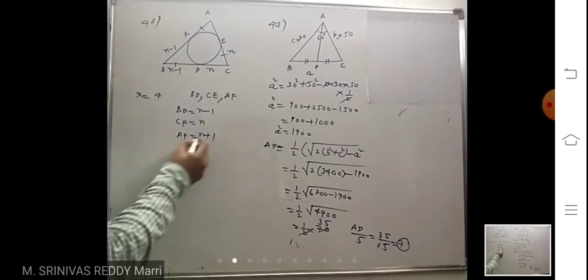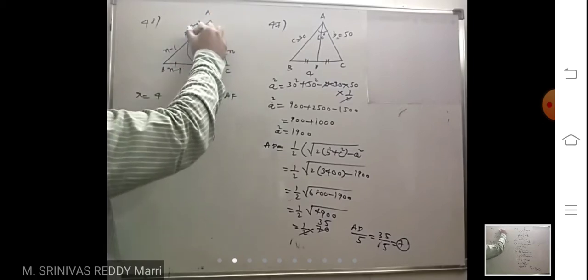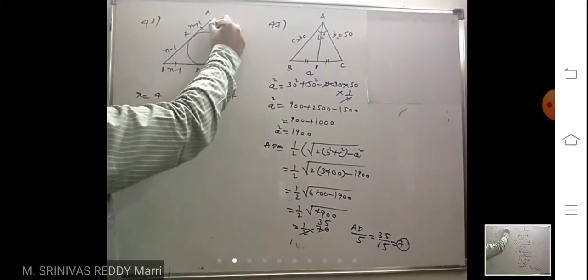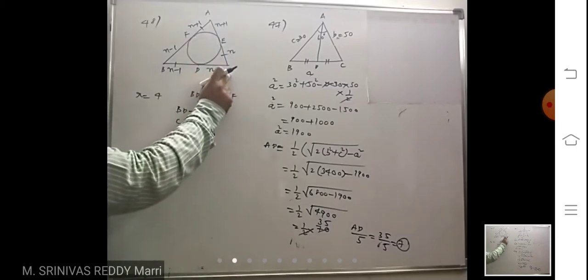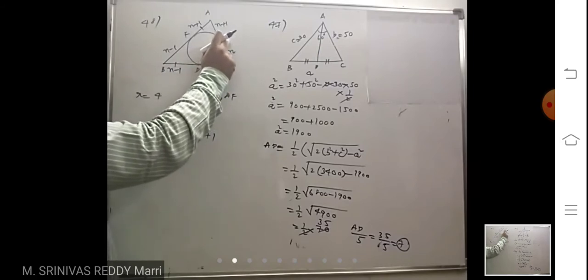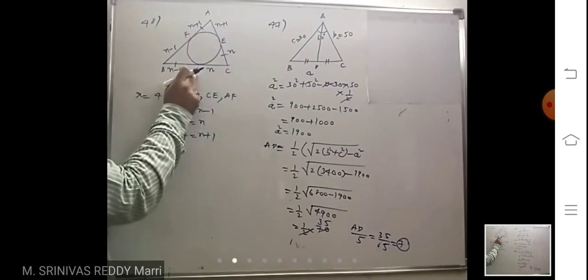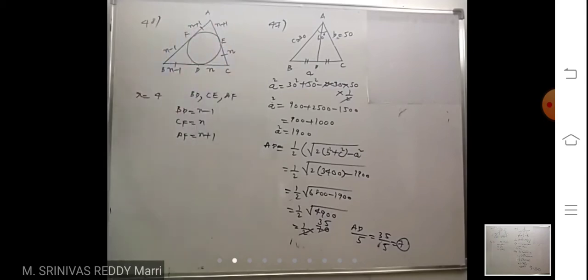Now AF is n plus 1, so AF and AE will be equal. From an external point, if we draw two tangents, touching at E and at D, they will be equal in length. That is the property of tangents.